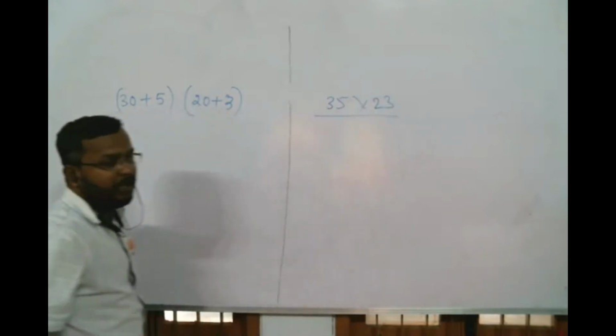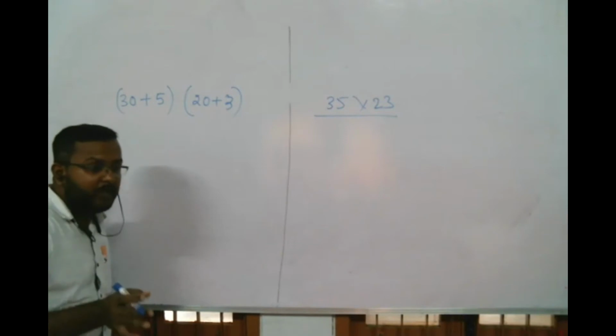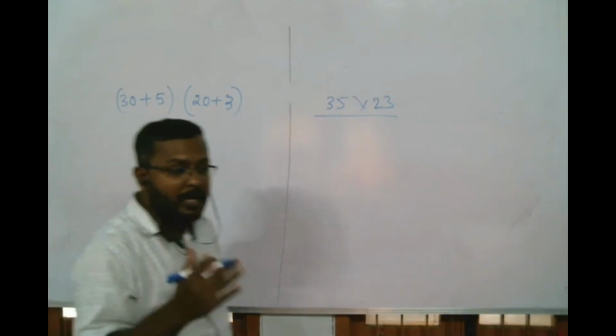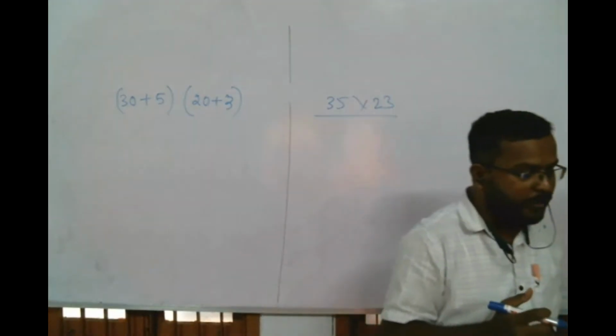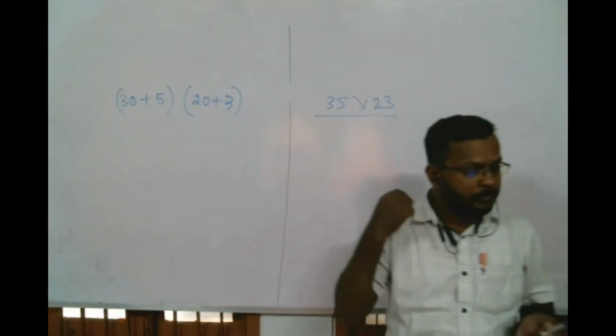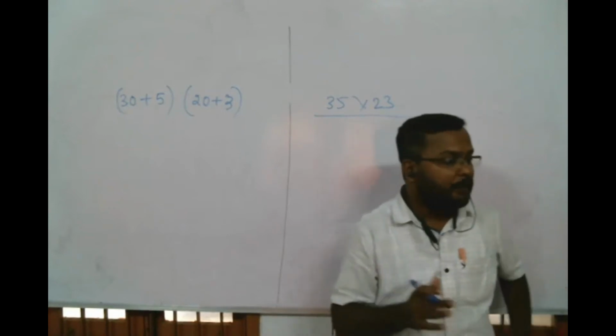So by multiplying 35 and 23, then also you are going to get the answer. But here we are understanding the method of how we can do this question. First we will understand how to do this question, and the same method we'll apply for multiplication of binomial with binomial.